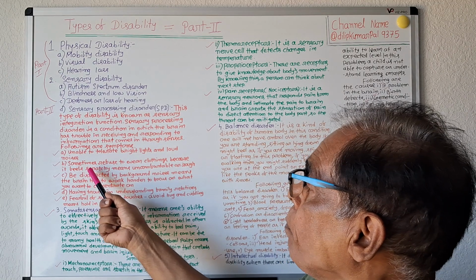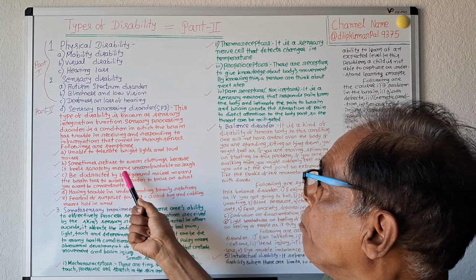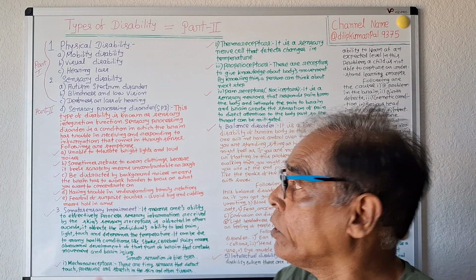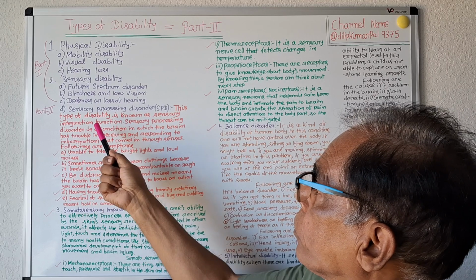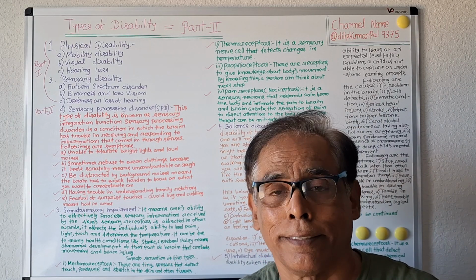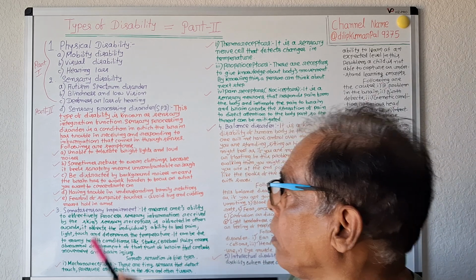Number 2, sometimes refuse to wear clothing because it feels scratchy, meaning uncomfortable or rough. Sometimes a person suffering from sensory processing disorder will feel uncomfortable wearing clothes because he feels that clothes are rough.